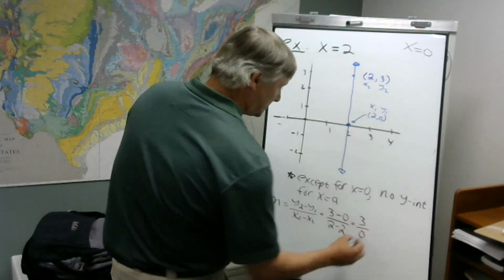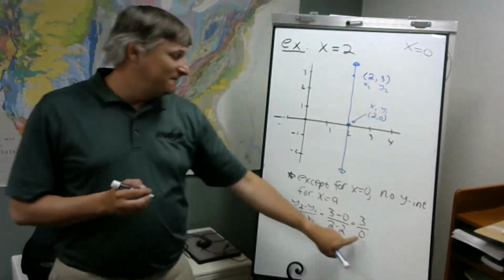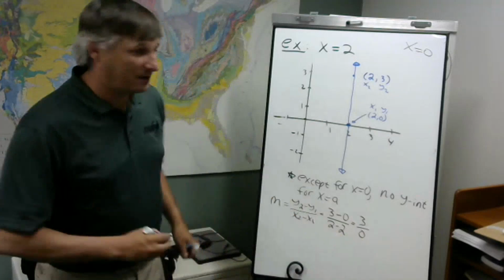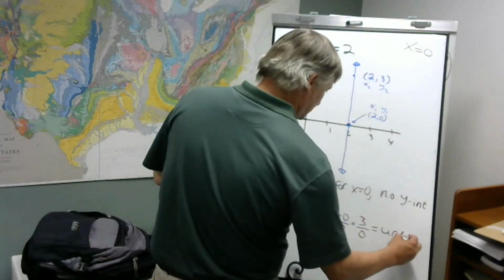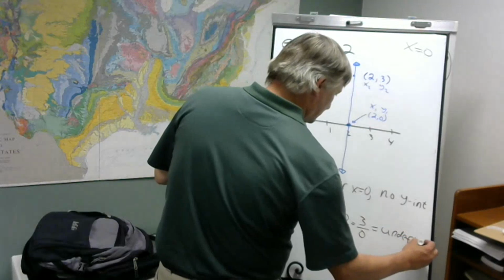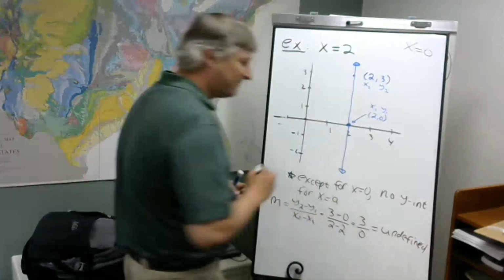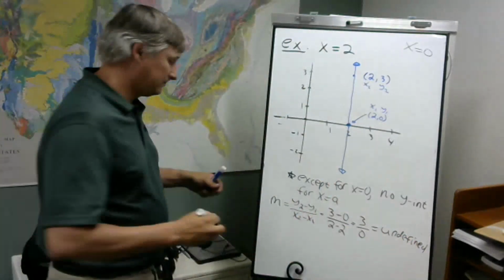And right away you see what's going on. Division by 0 is undefined. So vertical lines have an undefined slope.